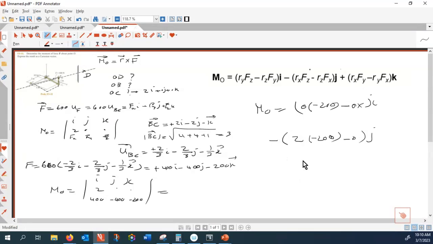And finally, the third one is r_x F_y, r_x is 2, F_y is minus 400, minus the remaining r_y F_x, r_y is 0, k. So M_O is equal to 0i plus 400j minus 800k.